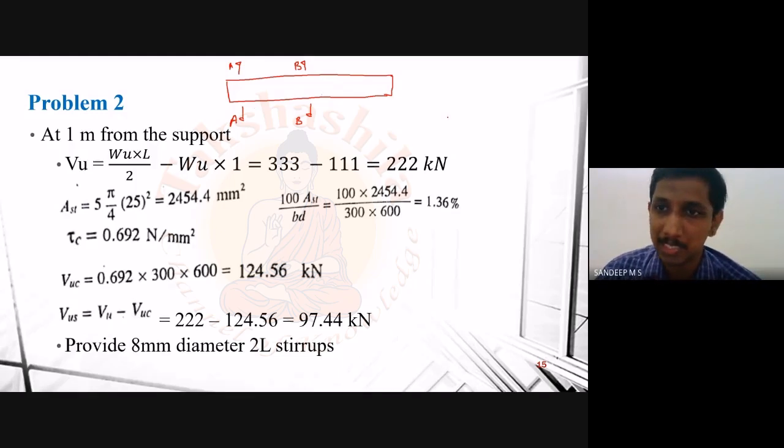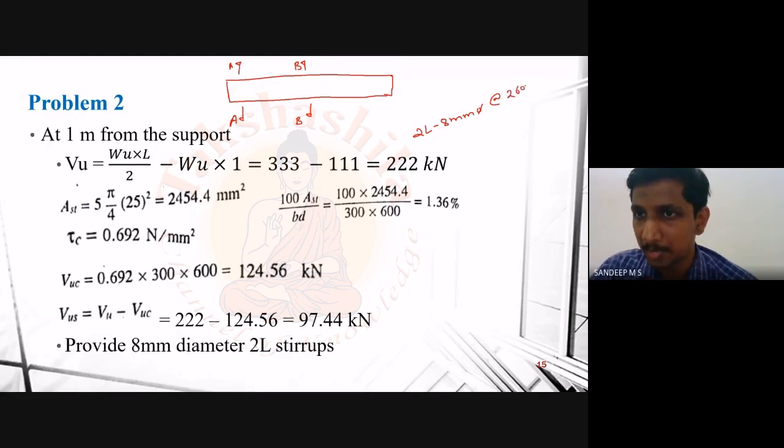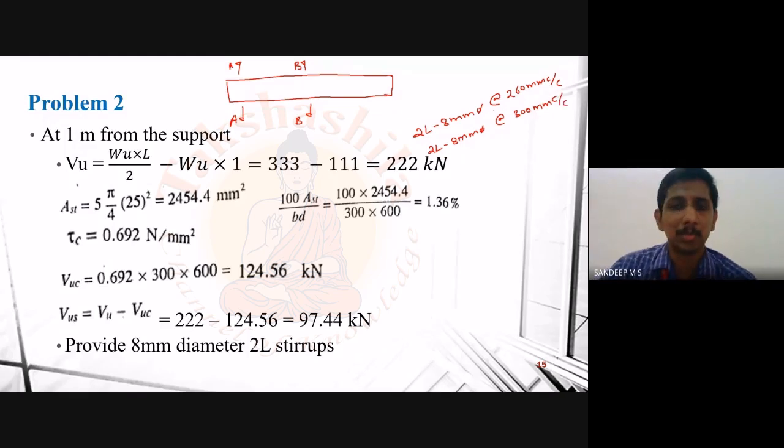So at this section AA, you have obtained something like 2-legged 8 millimeters phi at 260 millimeters center to center, and at the midspan, that is at the section BB, what you have obtained is 2-legged 8 mm phi at 300 millimeter C by C. So my question is, how long will you extend the first result?